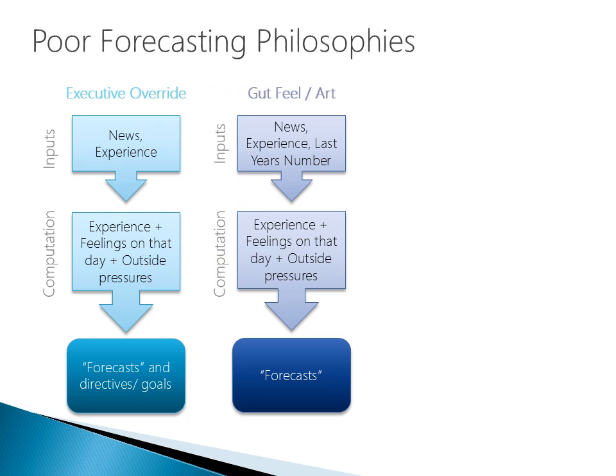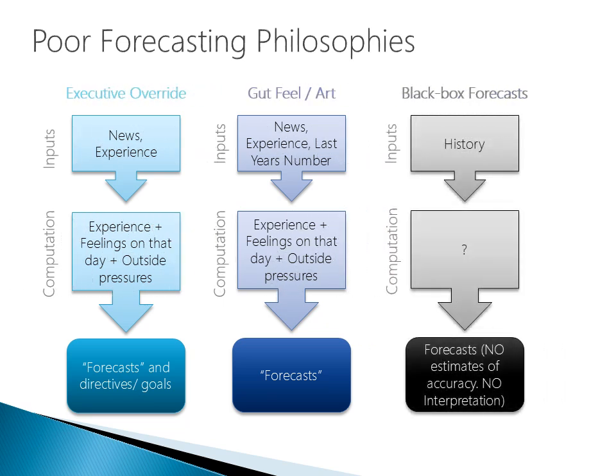A different approach is a gut feel or an art. So you're using your experience in an industry, what the last year's numbers are, information from the news, and you're kind of shooting straight from the hip. And you're saying, okay, I'm coming up with my forecast. It's similar to the 5%, and it's not really grounded in fact.